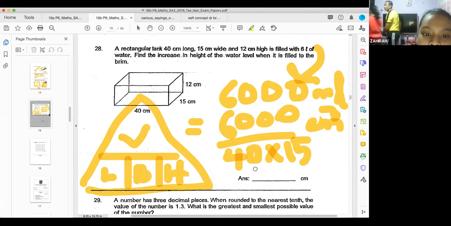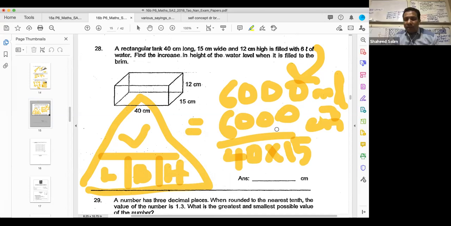You can cancel 6,000 divided by 40 divided by 15. Cancel the 0. 15 can divide by 3, you get 5. 6 divided by 3, you get 2.